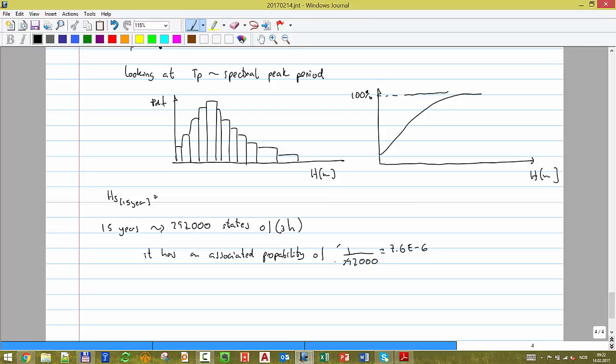So if you want to know, for this particular TP, what the 15-year wave is, you just put that value here. That plot is usually plotted the other way. And you check exactly which wave height you get for that probability. That will be very close to 0, and that will be my 15-year wave.